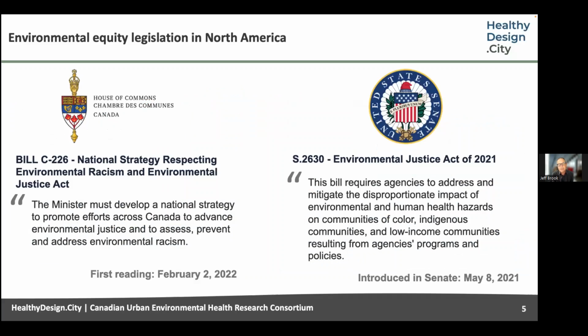Next slide. Now, it is even higher level in terms of what's in the news and what the thinking is of government at this stage. There is Bill C-226. That's a bill that's being presented within Canadian Parliament, talking about needing to develop a national strategy around promoting environmental justice and preventing environmental racism. And south of the border also, it's very high profile at the levels of even up to the White House.